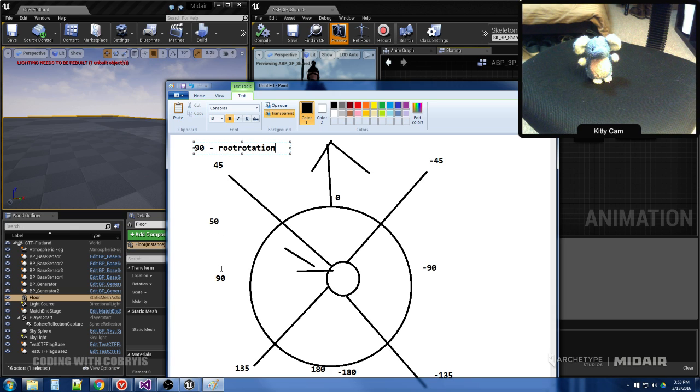Now here, let's make this better. They're not smaller, oh, it's void spawn.